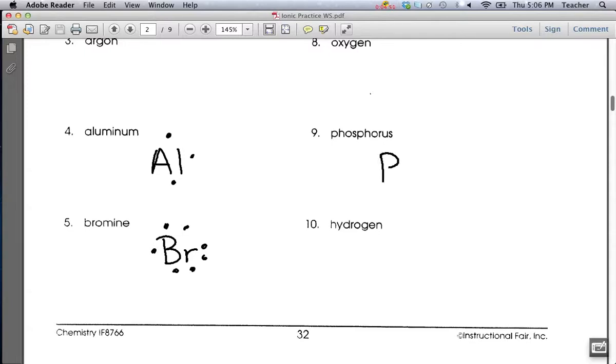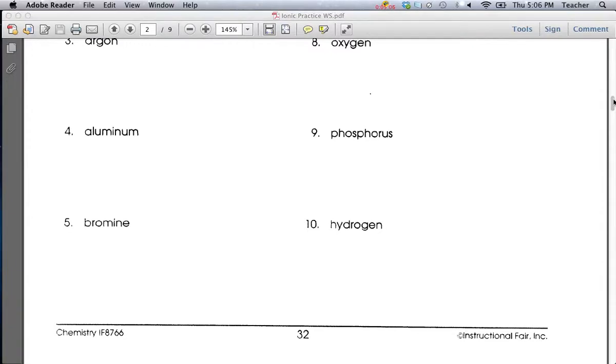Phosphorus has 5. And hydrogen has 1. And again, we will be using these Lewis dot structures to show the different types of bonding that we are able to have in a chemical bond.